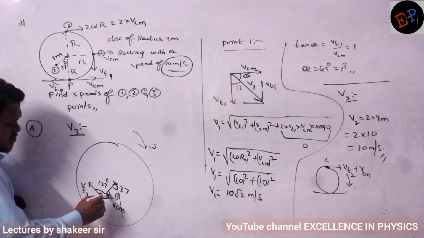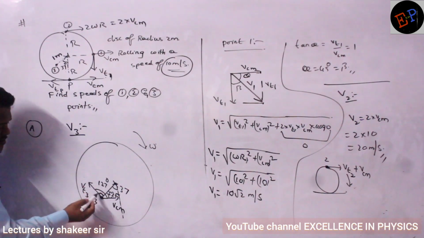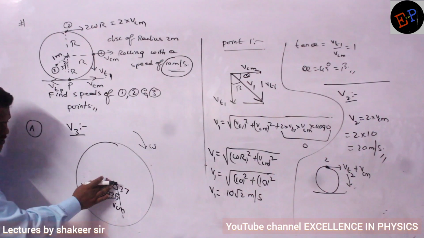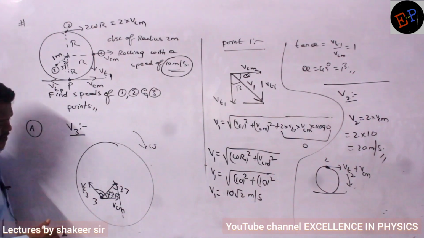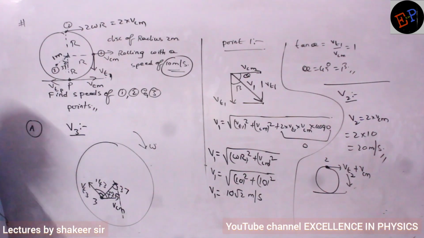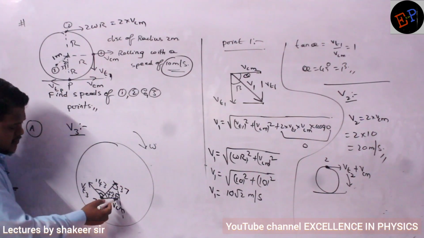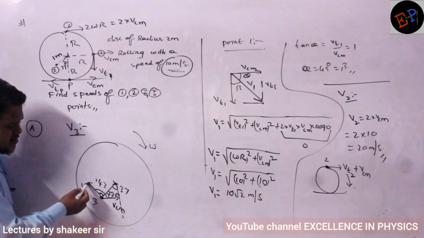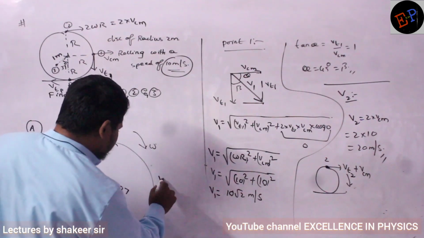And the angle between radius and velocity vector is 90. So 90 plus 53, total how much? 143. Clear now? Are you able to understand? So the total angle between velocity of center of mass and tangential speed is 143 degrees.